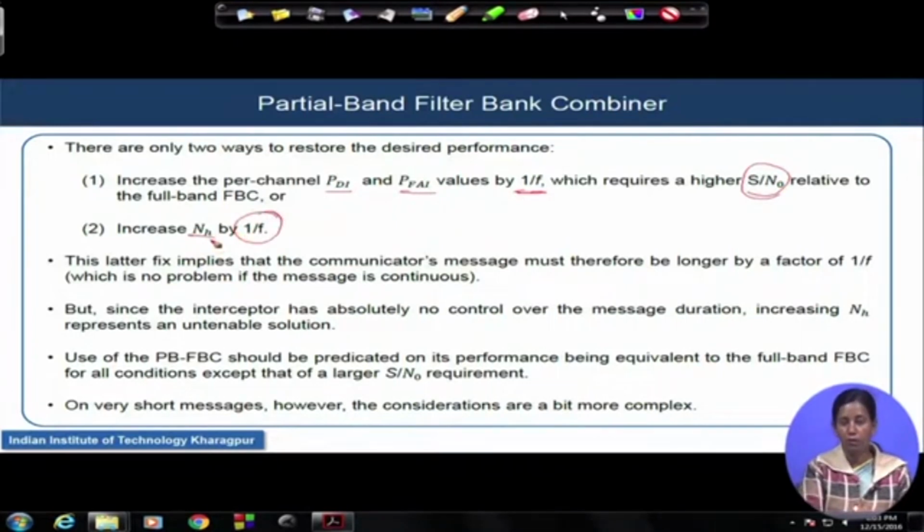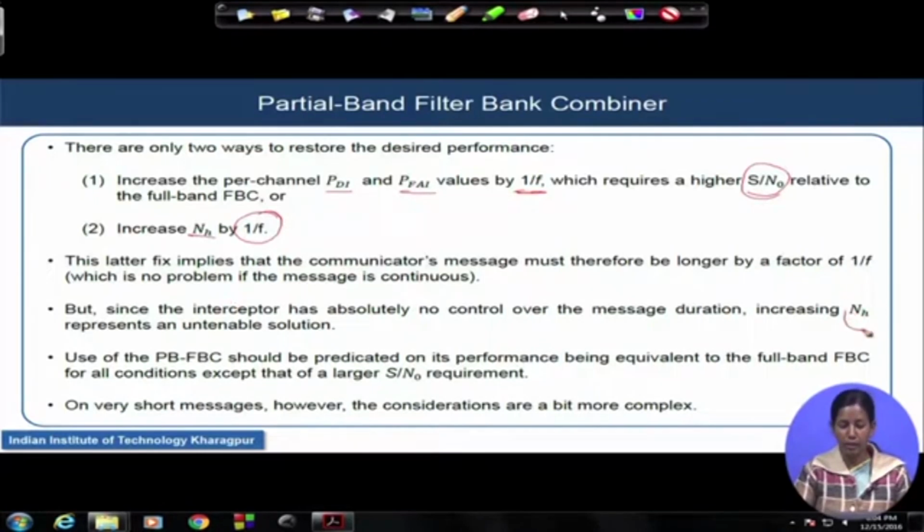But remember, how can you increase the NH? This is not a detector possibility; it is beyond the capacity of the detector design. It is always fixed by the communicator's message, and you have no control over that. So fixing this latter one may not be possible for you. You have no control over the message duration.